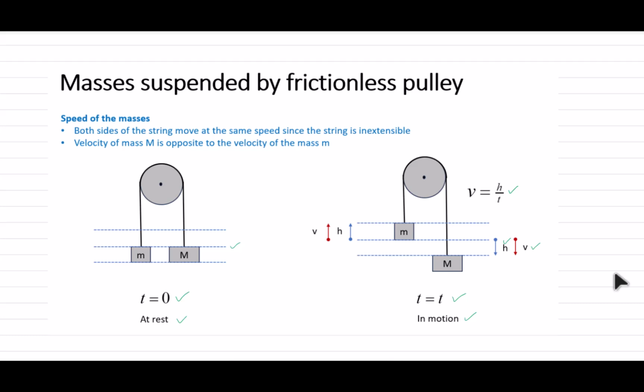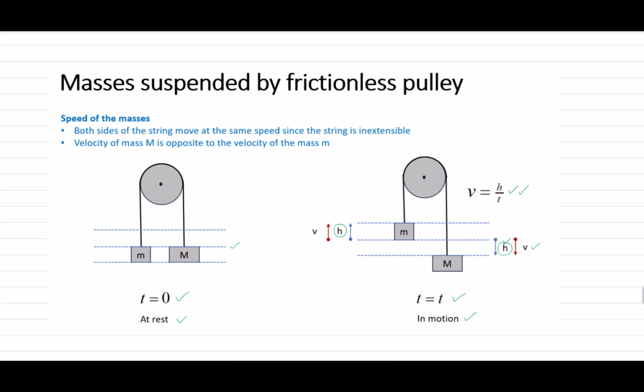Since it is given that the string is inextensible, the length of the string cannot increase with the application of the weight, and therefore the length is constant. So if object 2 has moved down a distance of h units, then object 1 will have to move up by the same distance h, vertically up.